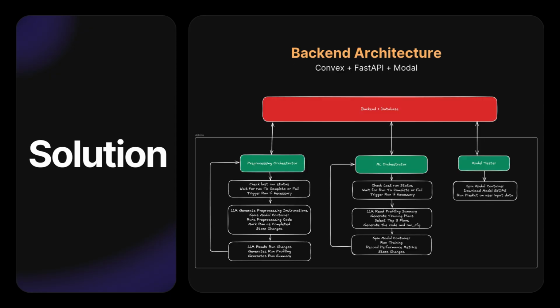The backend architecture is very simple. Orchestrators are nothing more than agents on a feedback loop. And the way they work is they check if there was a previous run, or if there was a failed run, or if nothing ran before. If that's the case, then they run, they spin a Modal instance.